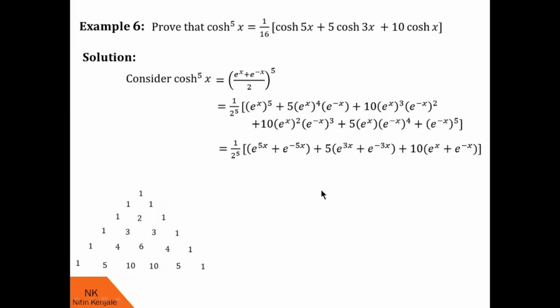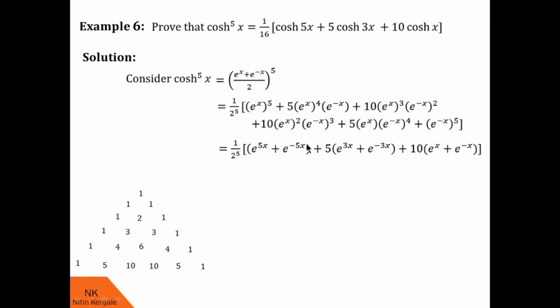Then after simplification and combining terms with similar degree, we get this thing. So this e raised to 5x and e raised to minus 5x are written in one bracket. 5 times e raised to 3x and 5 times e raised to minus 3x are written in one bracket. Similarly, 10 e raised to x plus 10 e raised to minus x are written in one bracket.